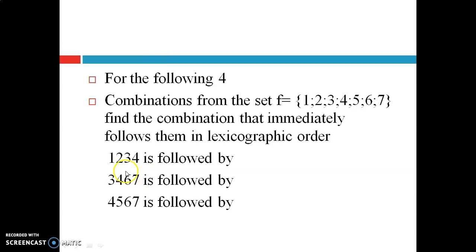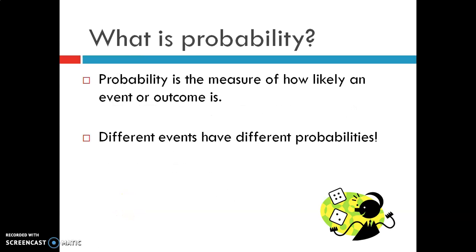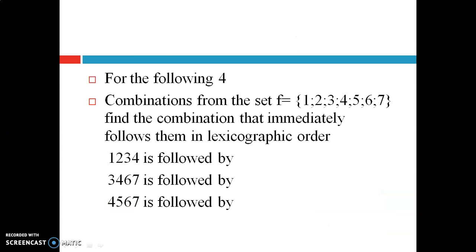So here you can see that 1, 2, 3, 4 is followed by, 3, 4, 6, 7 is followed by, 4, 5, 6, 7 is followed by, means, 1, 3, 4 is followed by 6, 7, 4, 5 is followed by 6, 7.